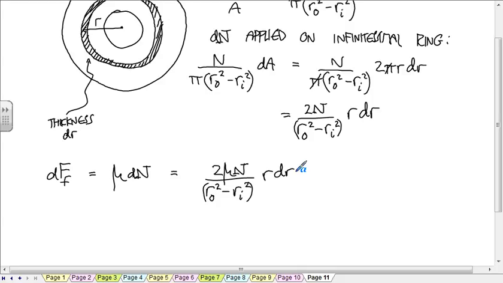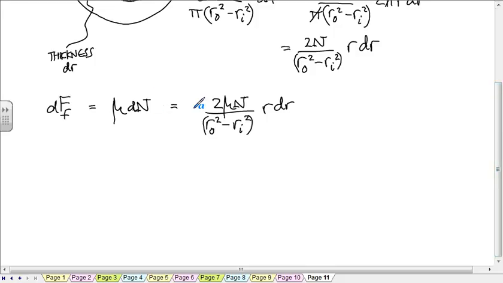All right, and then the last thing is, how do we go from the increment of friction force to the increment of moment? All this friction force is acting perpendicular to its moment arm. So the basic story is we just have to multiply this by its moment arm, which is r again.